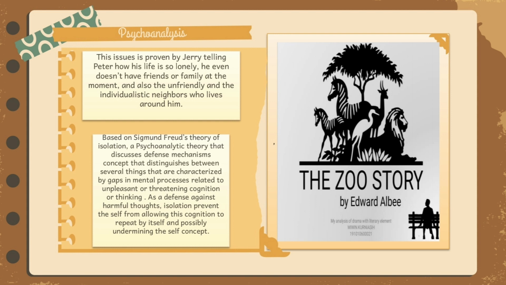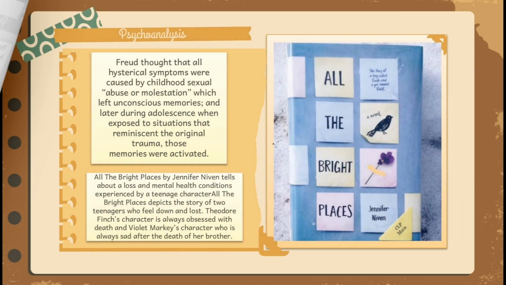So, based on Sigmund Freud's theory of isolation, a psychoanalytic theory that discusses different mechanism concepts that distinguish between several things characterized by gaps in mental process related to unpleasant or threatening cognition or thinking. As a defense against harmful thought, isolation prevents the self from allowing this cognition to repeat by itself and possibly undermining the self-concept.